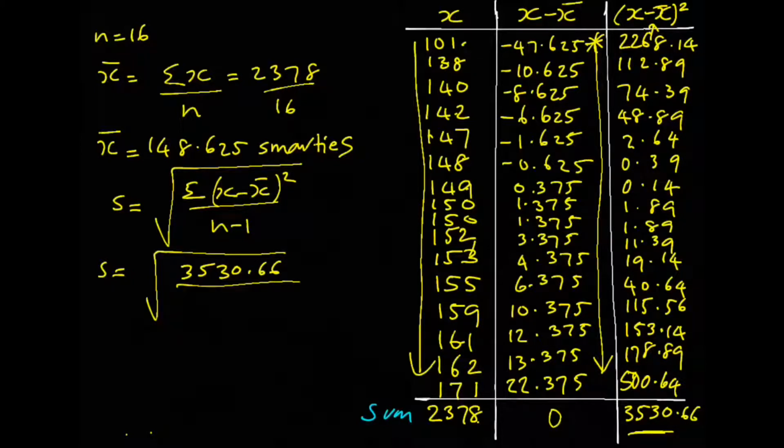Now there's 16 samples, so n minus 1 is 15. So S equals the square root of 235.377. Leave it in your calculator so there's no round off errors. And that equals 15.34.